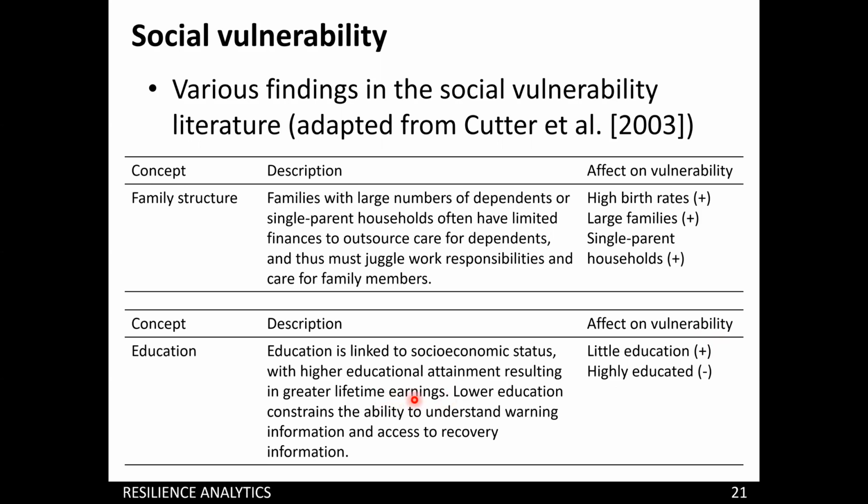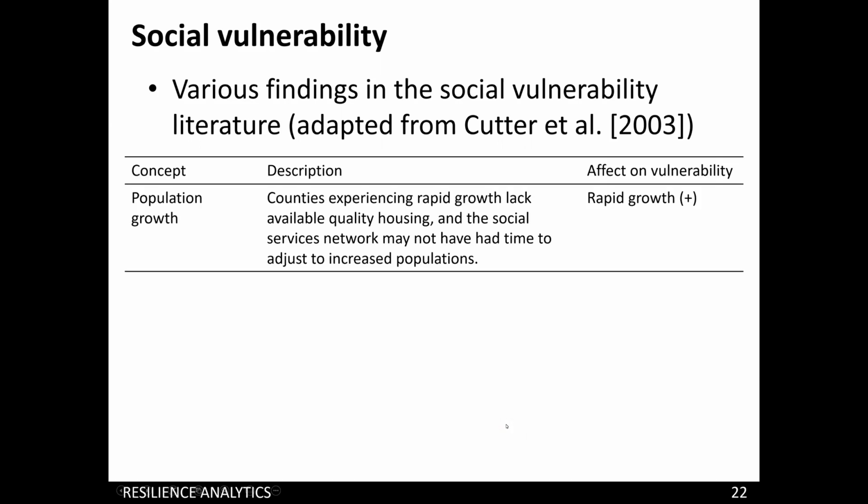Of course, that's a socioeconomic idea. Also, perhaps lower educational attainment might lead to less of an understanding of warnings and risk, not being able to accept risk communication as well for certain kinds of disruptions. Population growth: if there's rapid population growth for a particular area, that might mean resources and risk mitigation have not kept up with that rapid growth.